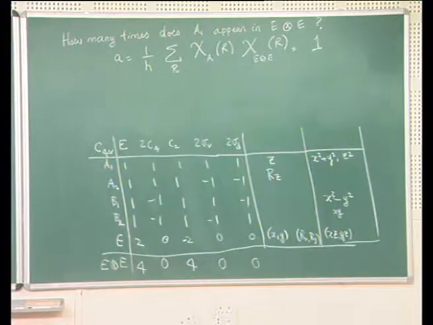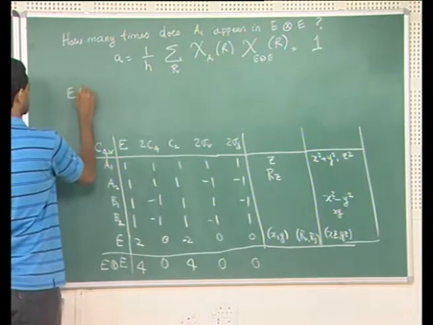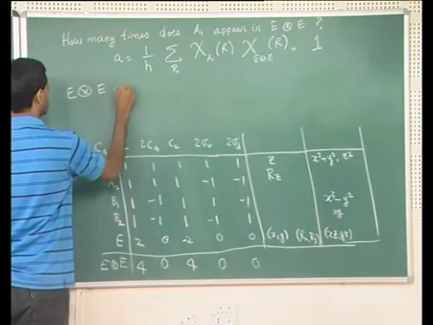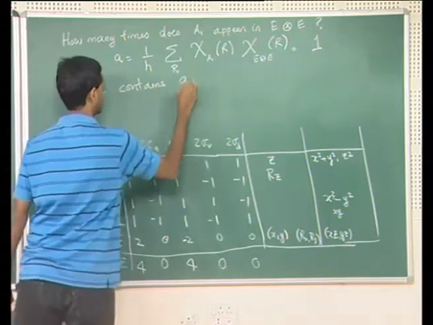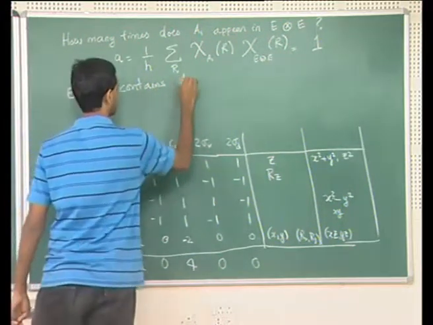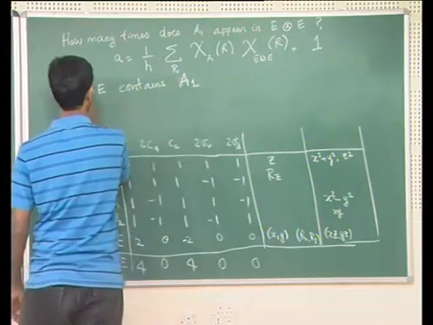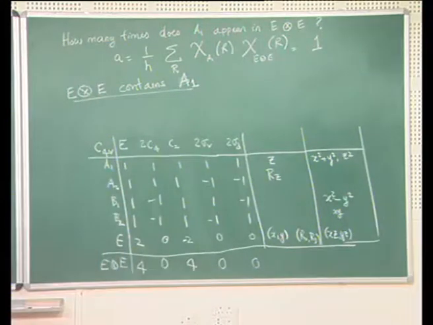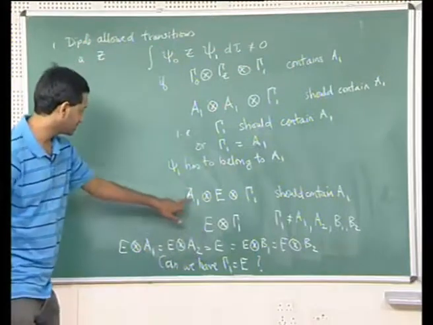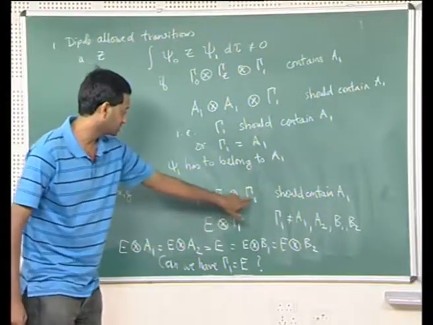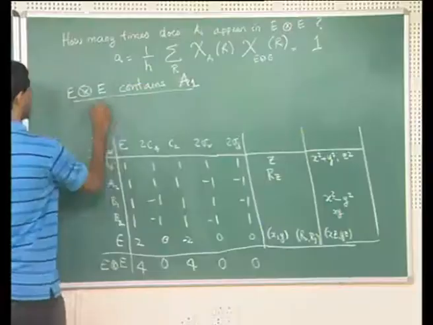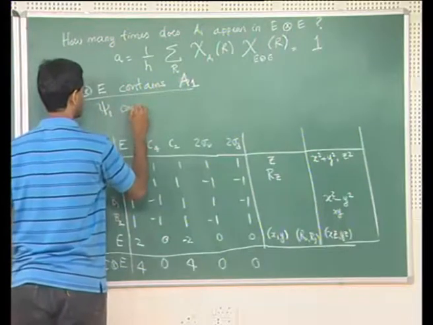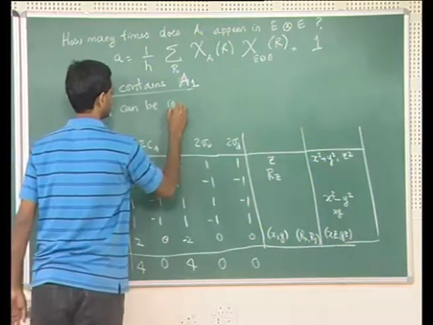So that means E cross E contains A1. Since E cross E contains A1, that means A1 cross E contains E. That means psi 1 can be in E.